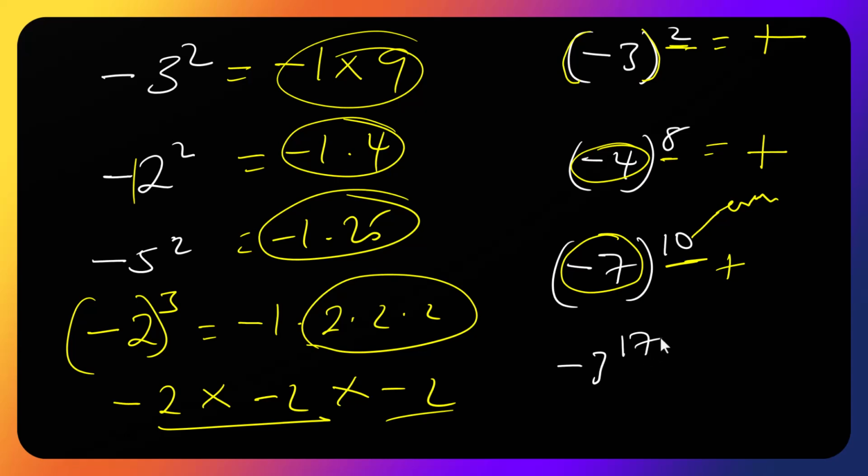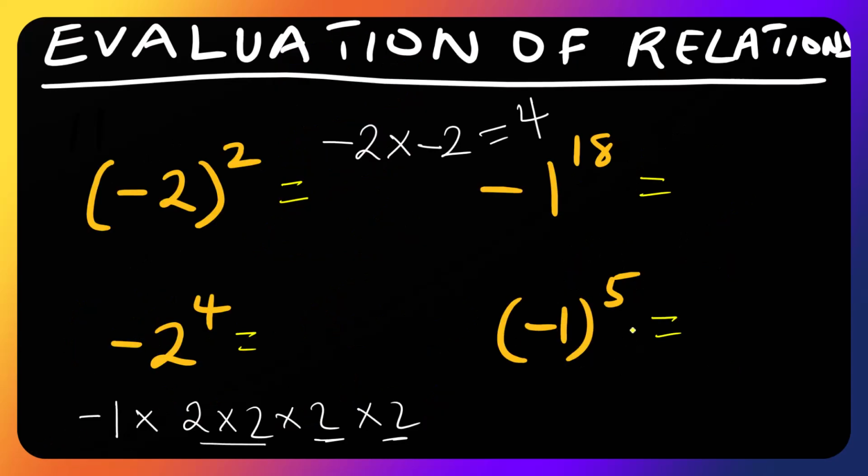Now, there is no bracket here, and therefore, whether the power is even or odd, you still get negative. So let's understand that. All right, so let's go back to this one. This one doesn't change anything. So we can still say minus 1 out, and 1 to the power of 18 will still get 1, so minus 1.